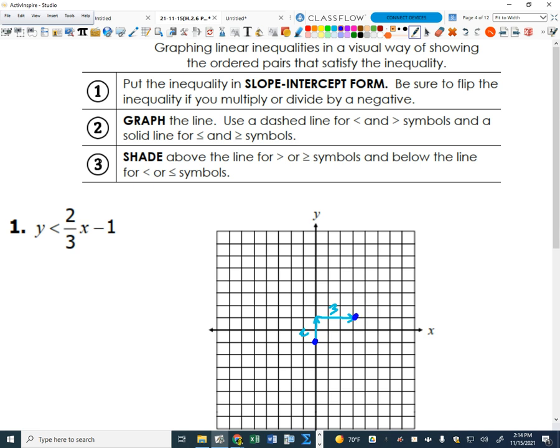Now, how do we graph this boundary line if there's no equal sign included in our inequality? Do you remember? Oh, you have a -2/3? Oh, okay. Well, let's change it. So this is -2/3 also. Okay, let's make that -2/3. So that's going to change our picture a little bit, isn't it?